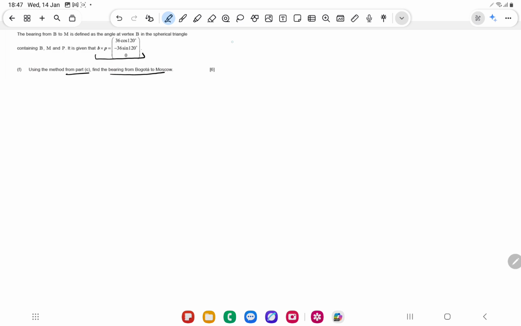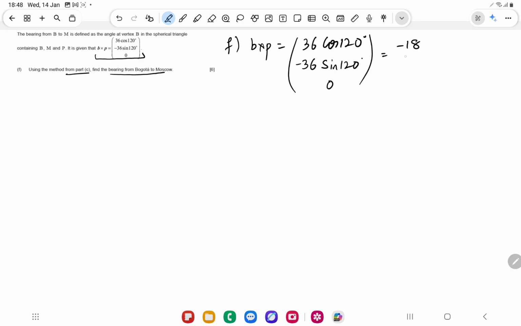So we will first simplify this B cross P. So I will first copy this 120 degrees, minus 36 sine 120 degrees and 0. So when I simplify this, you can use your GDCs to simplify this. So this is how I will get my B cross P.